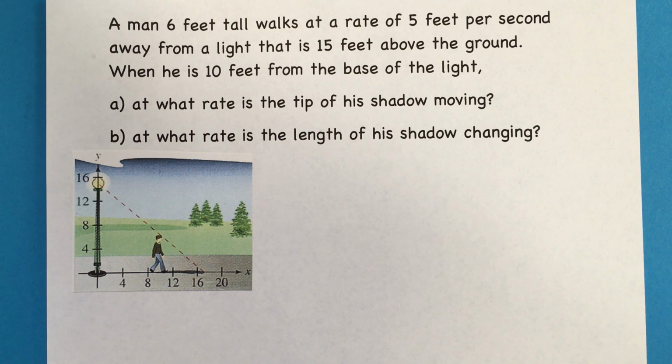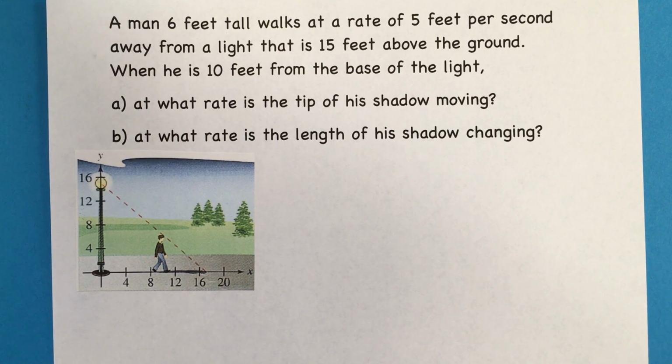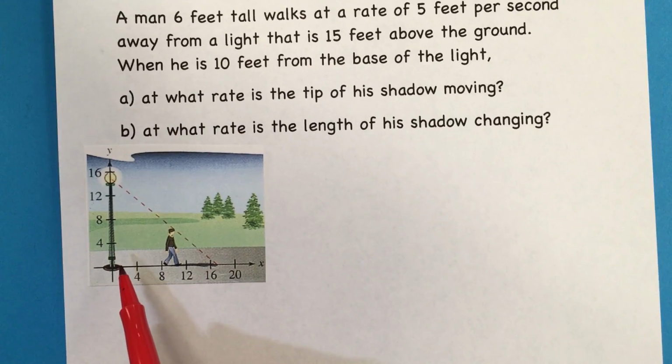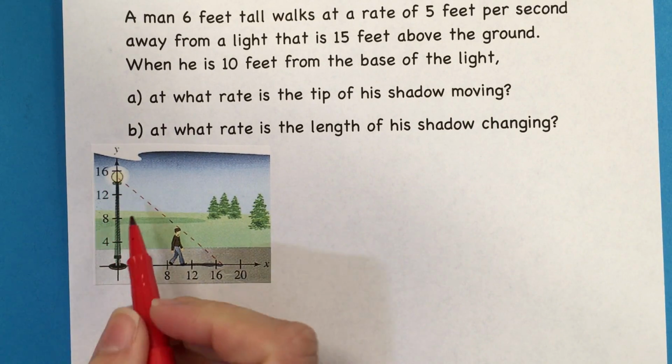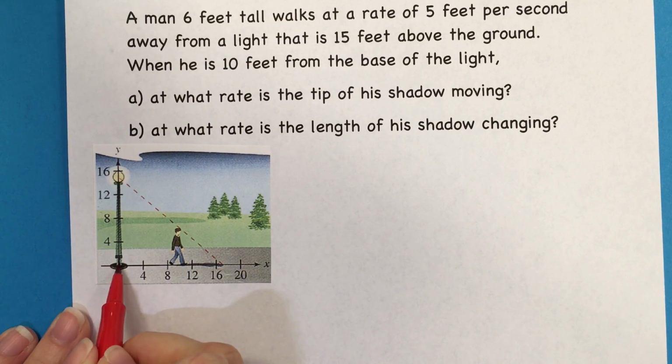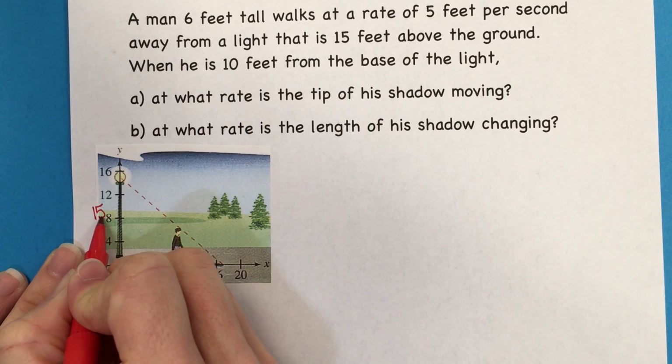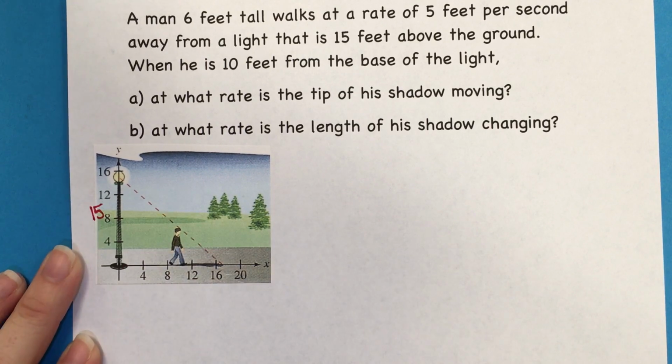Okay, so first of all, the lot is 15 feet above the ground. The picture tells you the distance from here to here is going to be 15, so I'll label this side as 15.